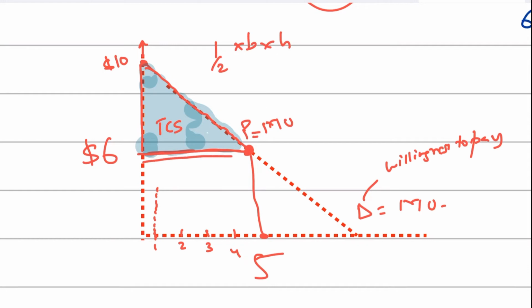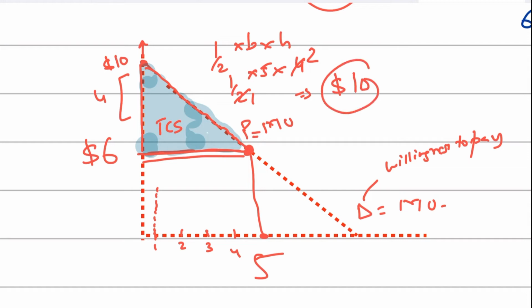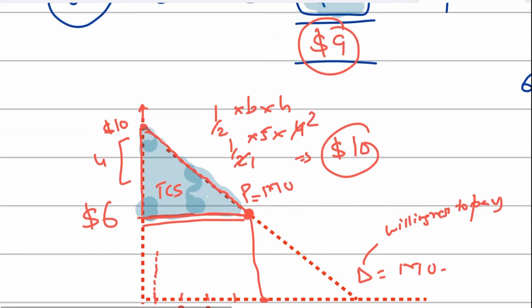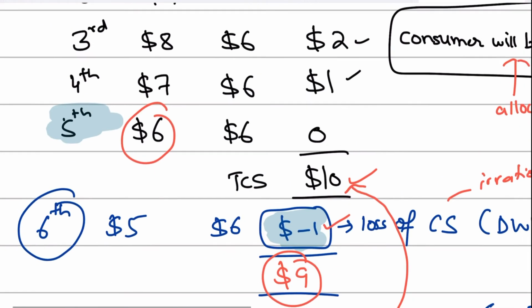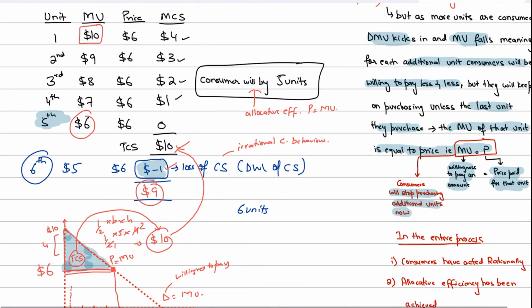So the base is 5 and the height should be 10 minus 6, which is 4, and half times 5 times 4 is 10. So $10 is the value of my total consumer surplus, and this exactly matches the table as well, because that is the consumer surplus value we calculated, assuming he's only buying 5 units, right?